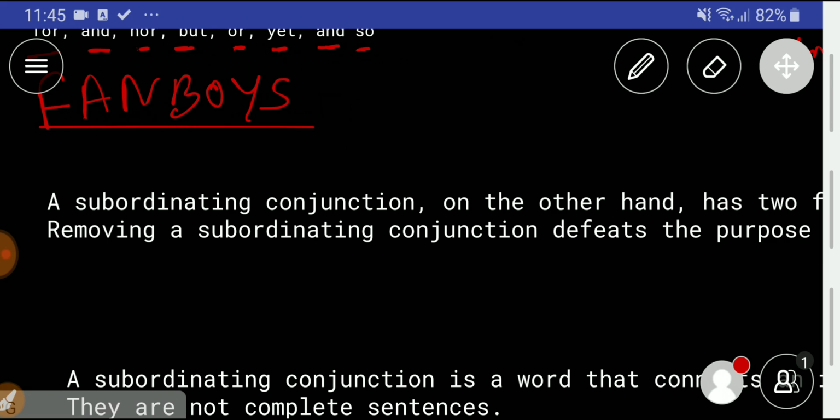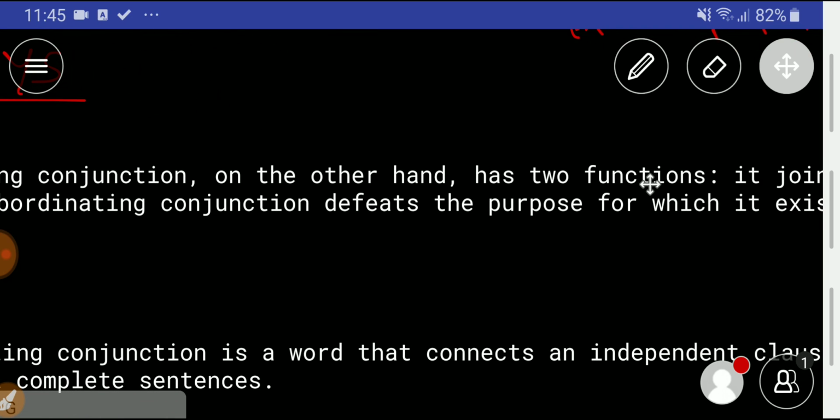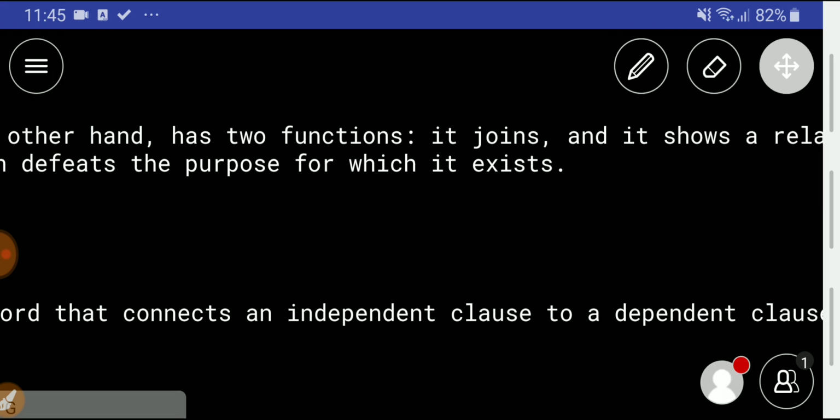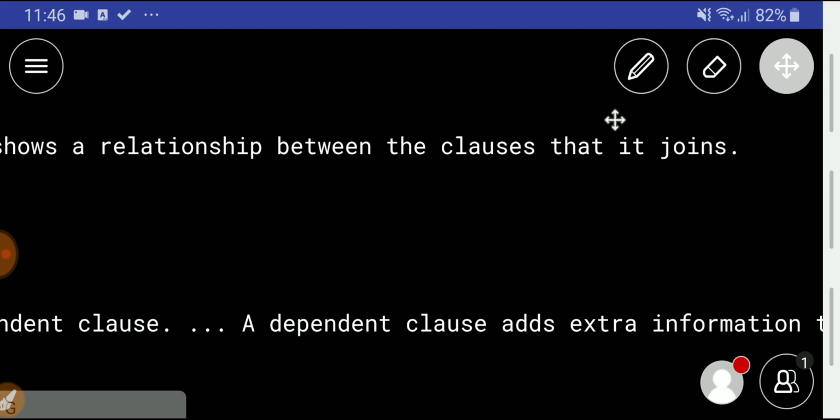Let me tell you something about subordinating conjunctions. We know that "when" is a subordinating conjunction. A subordinating conjunction has two functions, while a coordinating conjunction has just one: it connects two independent clauses. A subordinating conjunction firstly joins, and plus it shows a relationship between the clauses that it joins.